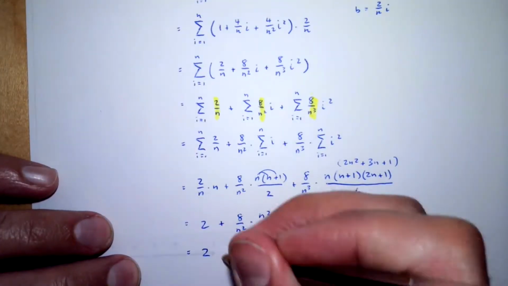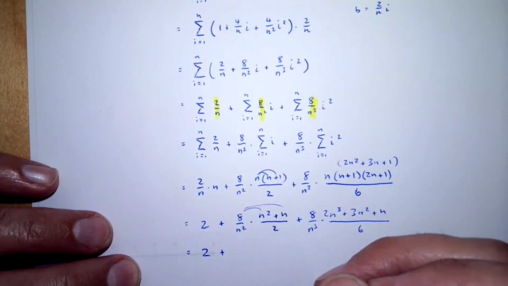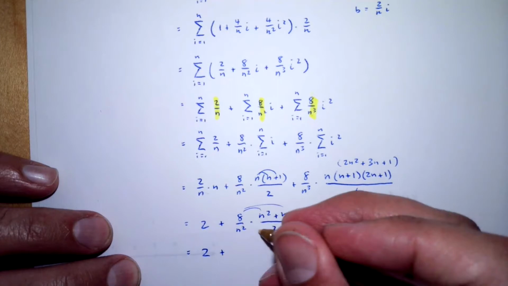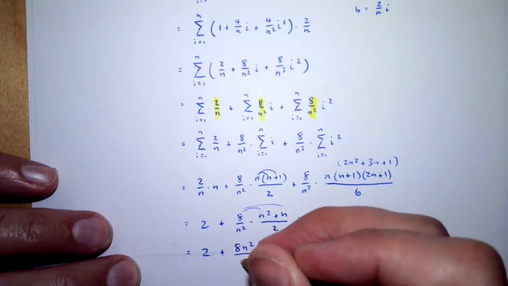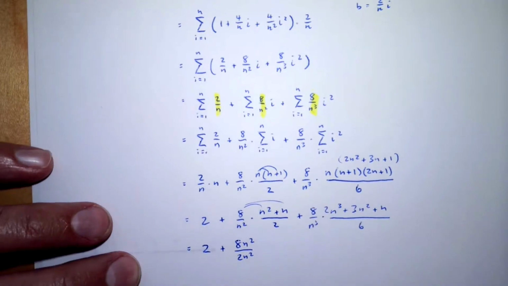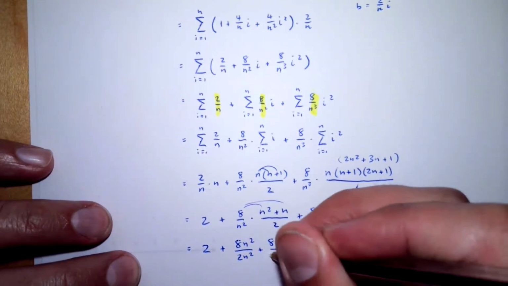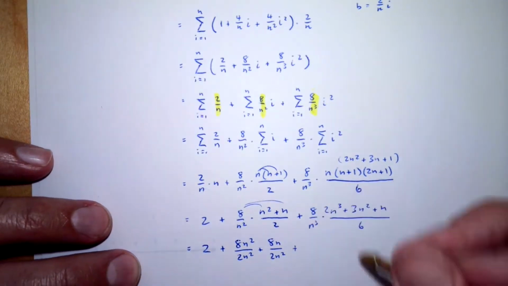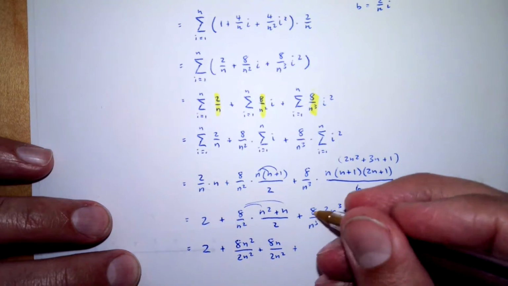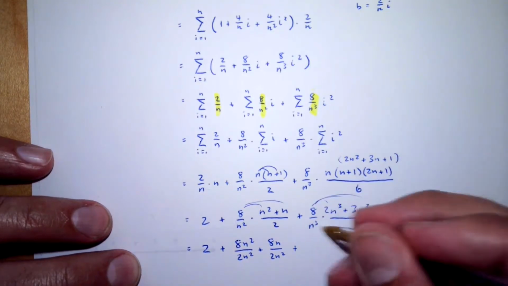So we get 2 plus, I'm going to distribute and then multiply the denominators. So we get 8n squared over 2n squared plus 8n over 2n squared. Okay, and then plus, okay, I'm going to distribute that 8 and then multiply those together and split up.